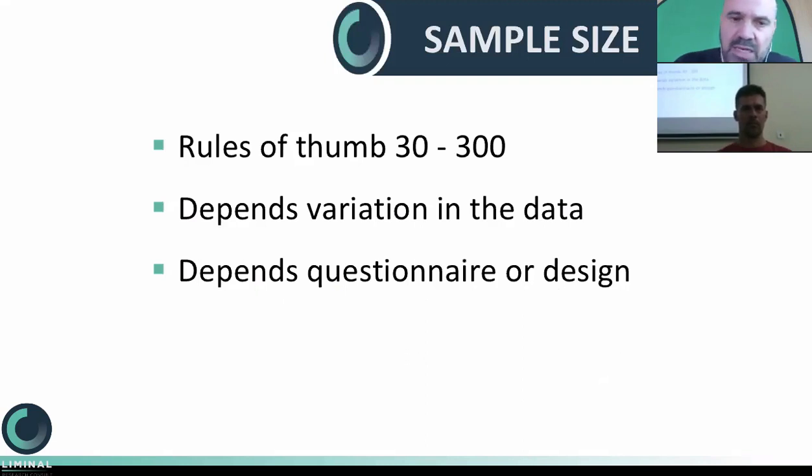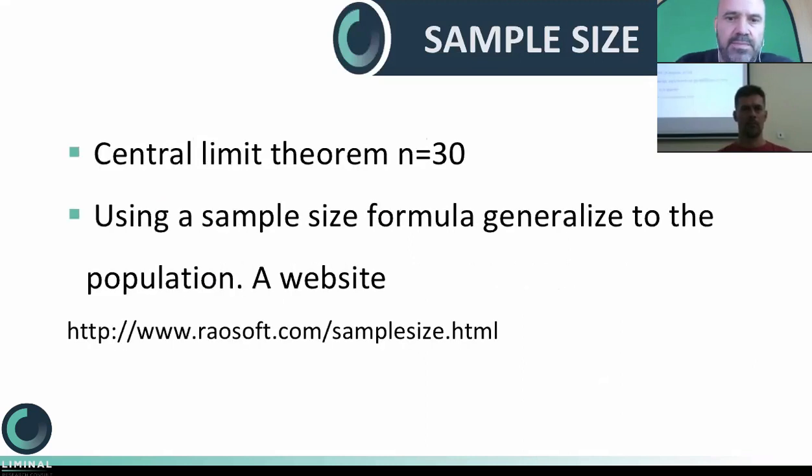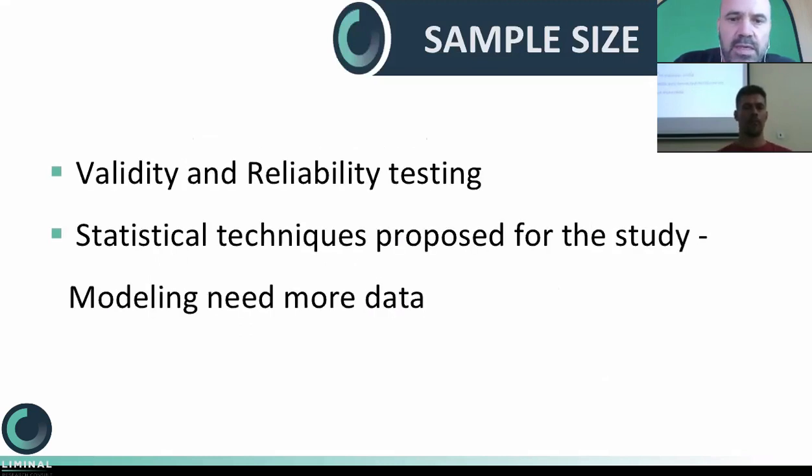Okay. Reliability doesn't take much data, so you don't care about that. Then, okay, there's the sample size calculator you can look at. Just look at that on your own. You must be able to test validity. That's the important part. And then statistical techniques also, and modeling.